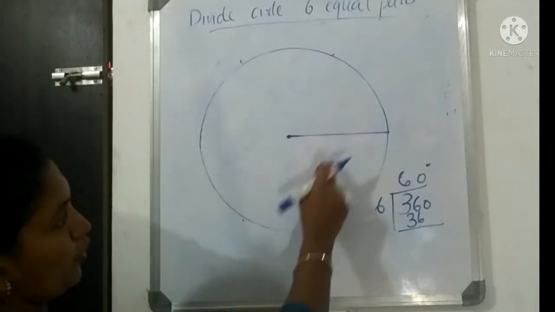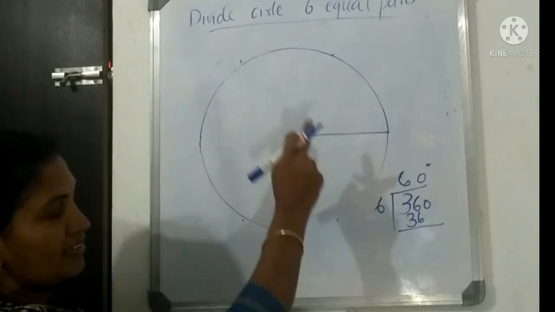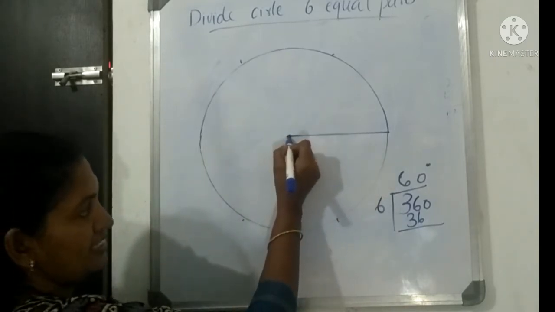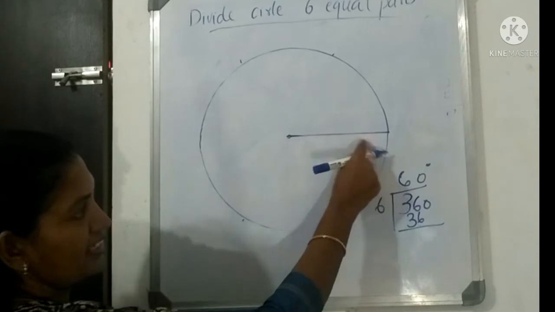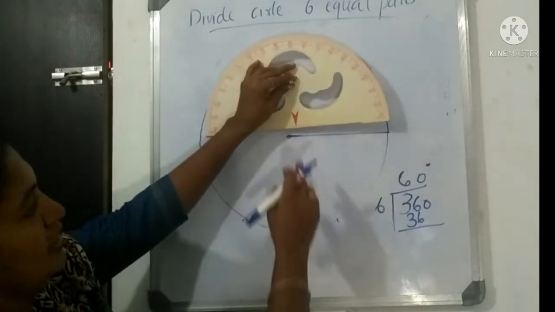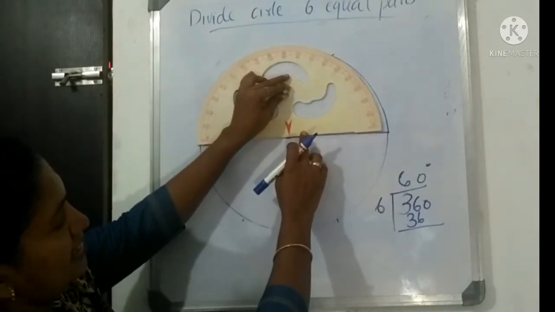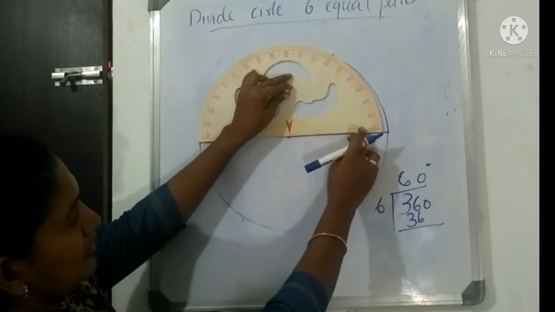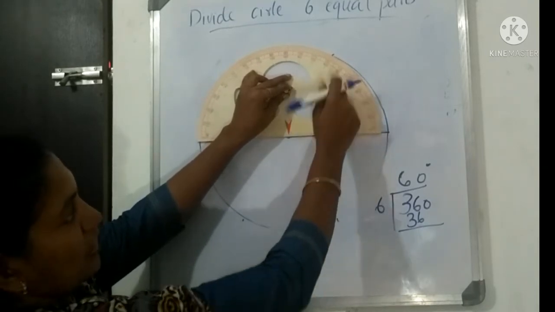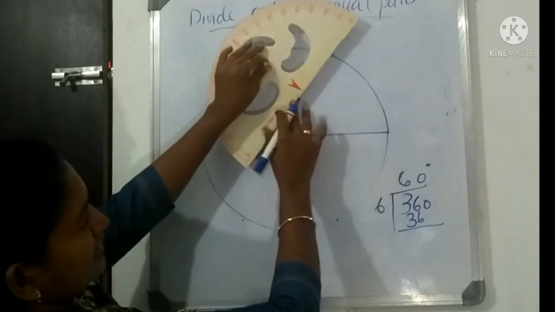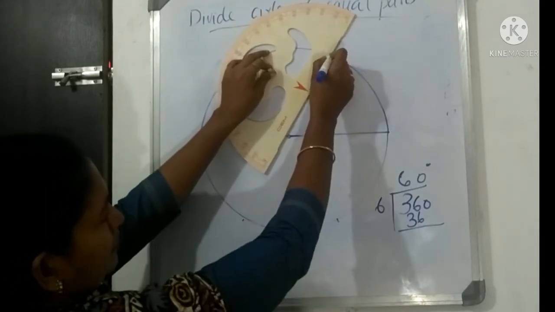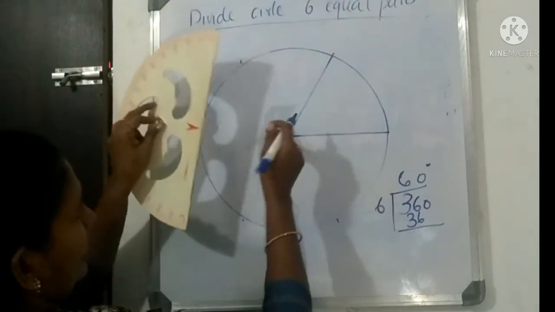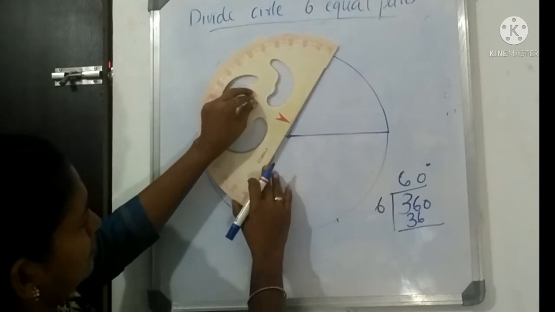For that, first you have to draw a circle with any radius. Then you know that this is the center of the circle. Then draw one radius. After that, measure 60 degrees. Always use the inner scale. Okay, 60 degrees is coming here. Then draw one line. Again mark 60 degrees.